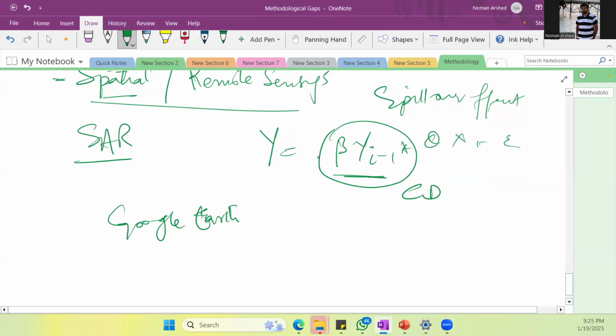Some studies have already tried to calculate the regional growth rate by looking at how many lights were on in the country during night. So more lights mean more urbanization and more growth and more development in the region.